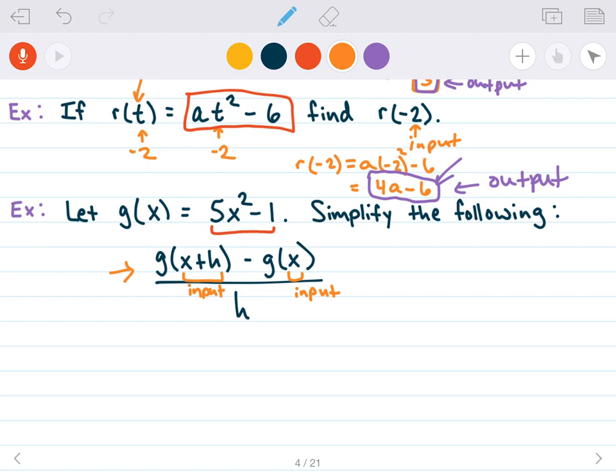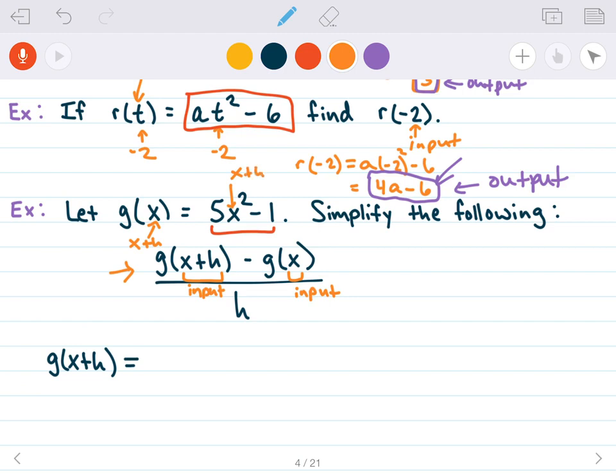So let's figure out our first output for our input of x plus h. So we have g of x plus h equals. Now remember, all we're doing is replacing anywhere we see a variable x with x plus h, right?